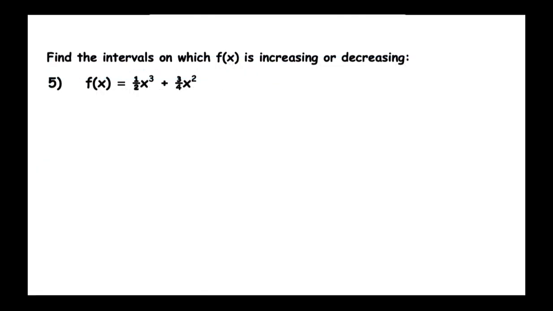Here in number 5, I just continued the numbering from 3-1, so this is number 5 now. Find the intervals on which f of x is either increasing or decreasing. Well, when you see increasing or decreasing, you want to use the first derivative. So let's take f prime of x, which of course will be 3/2 x squared plus 3/2 x.